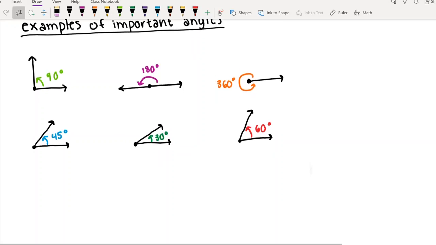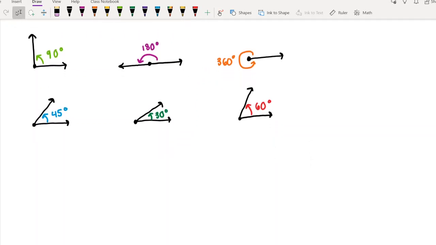Okay, so I want to ask you to take a minute to sketch some different angles. I'm going to ask you to pause the video and try to draw these yourself, and then we'll come back together and go over them.